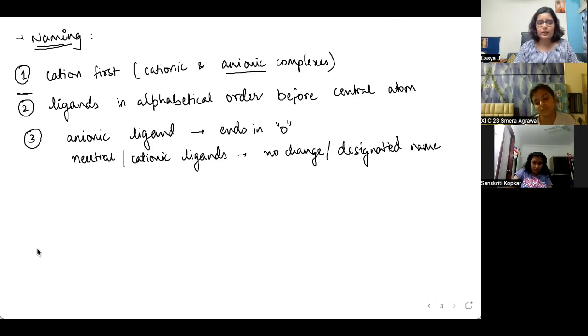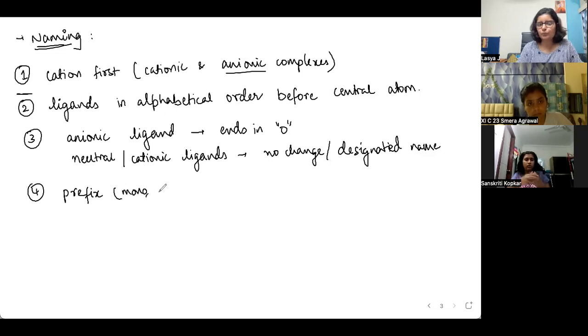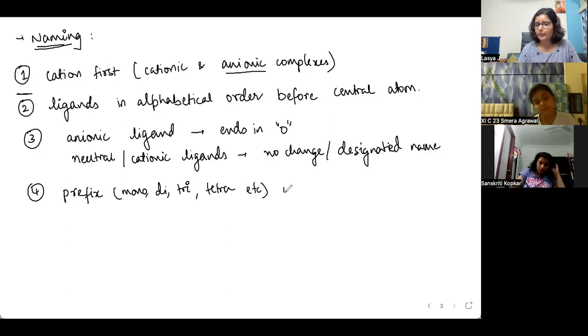Next, just like how you mention the position numbers and indicate how many substituents there are, here also you add certain prefixes. Prefixes like mono, di, tri, tetra. All of these indicate the number of ligands.